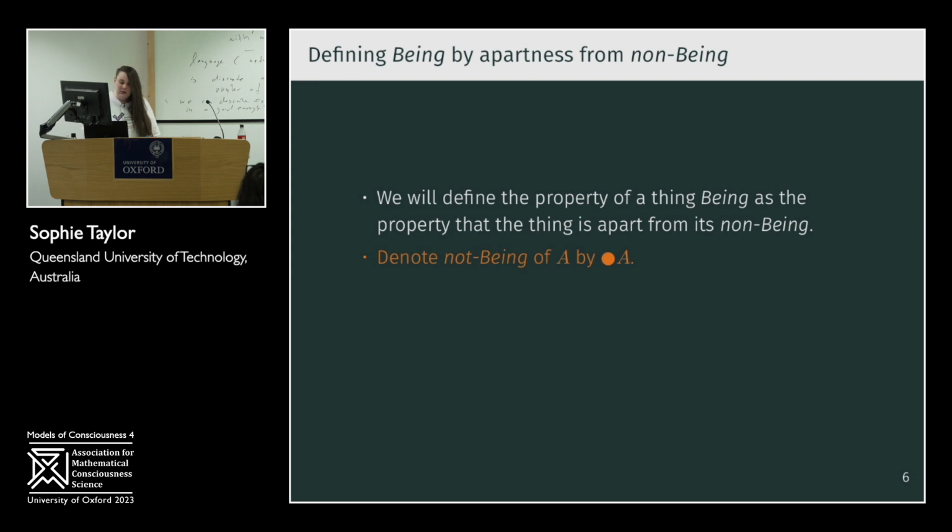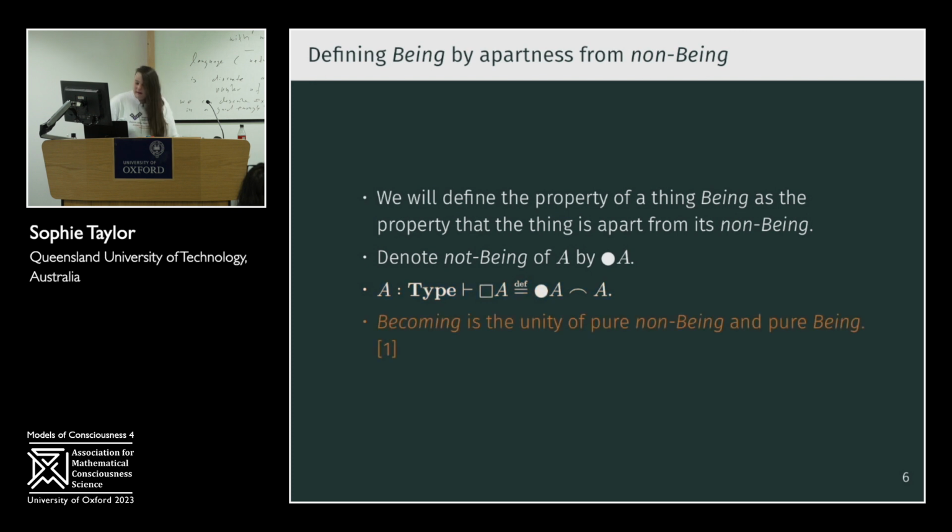So first, let's denote the non-being of a thing by a solid circle modality. Then for some type A, we define its being by its apartness from its own non-being. Now, Hegel actually starts his Science of Logic with being and nothing. These are both aspects of the same thing, becoming.